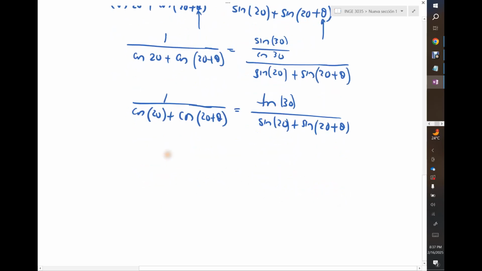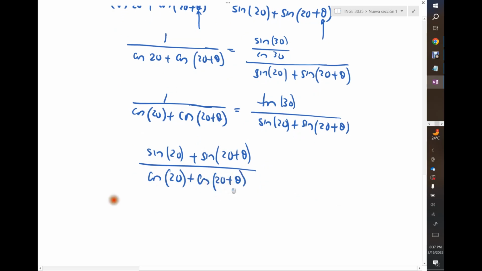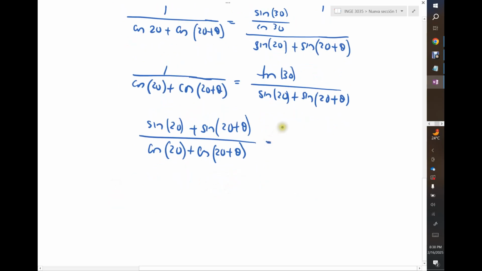So if I multiply the whole thing, I end up with sine of 20 plus sine of 20 plus theta divided by cosine of 20 plus cosine of 20 plus theta, and that's equal to the tangent of 30.